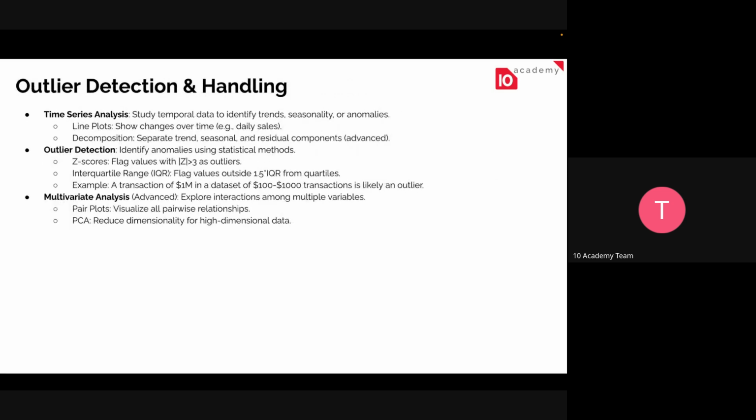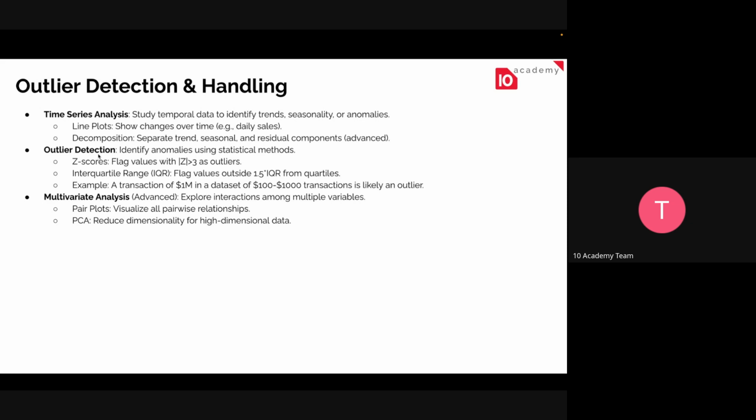And of course, multivariate is more advanced, exploring interactions among multiple variables. This might be a bit confusing at first, but pair plots visualize pairwise relationships, and PCA reduces the dimensionality of high-dimensional data. We will take a look at this as well.